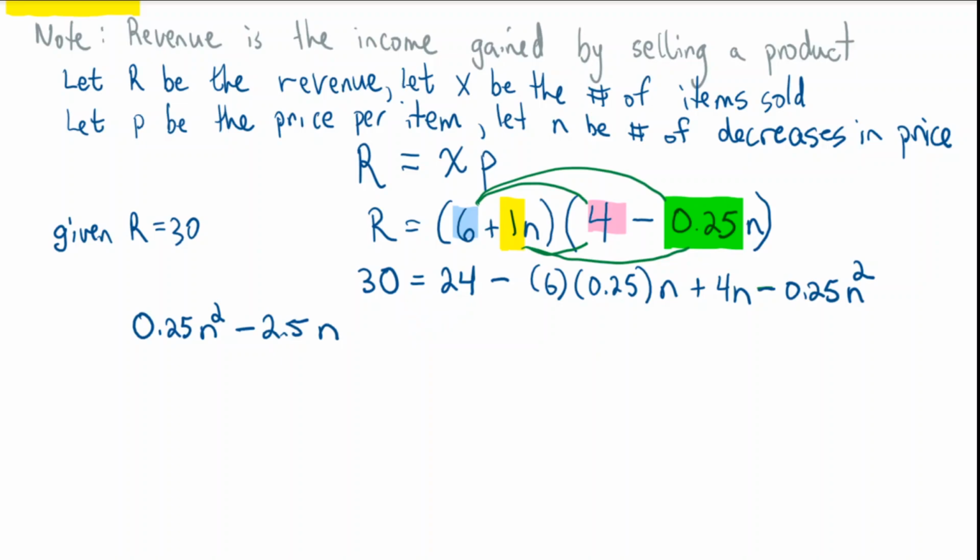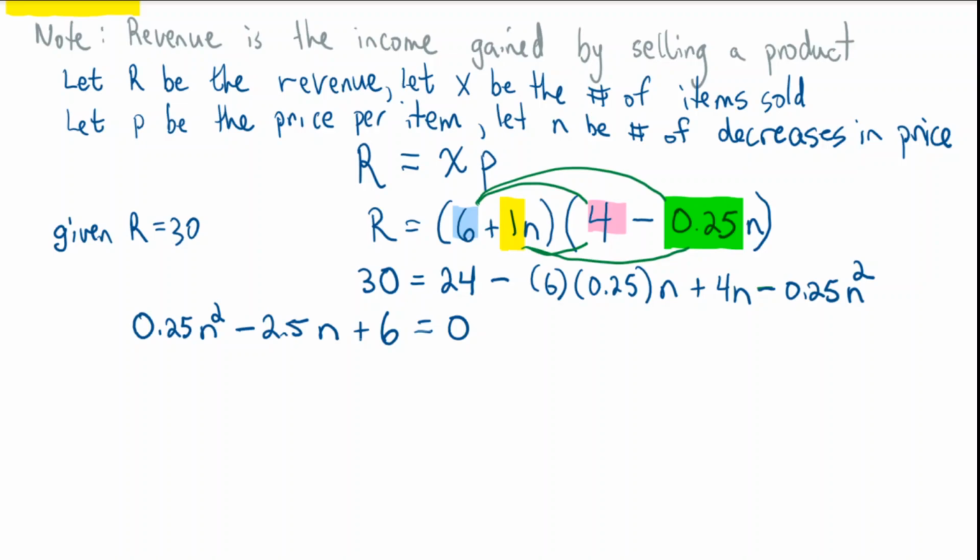So now I'll end up having 30 minus 24, which gives me 6. So after some careful algebra, you're going to end up here, however you do it. Now I have this quadratic expression here equal to 0. You could try and factor it, but in this situation, doesn't look like very nice numbers.